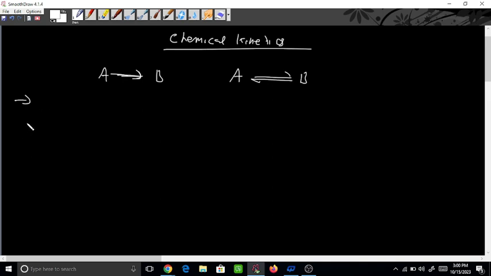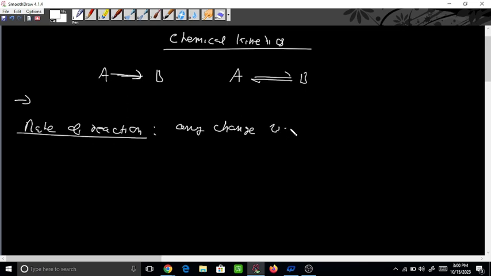So what is the rate of reaction? You have some general idea what rate is. Rate is defined as any change, or change in any parameter, with respect to time.